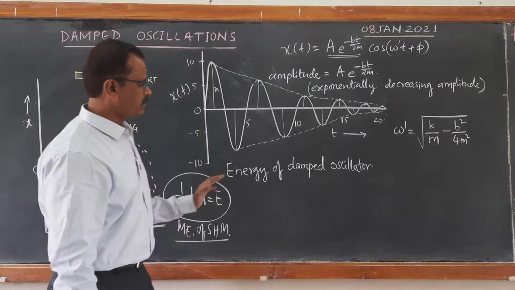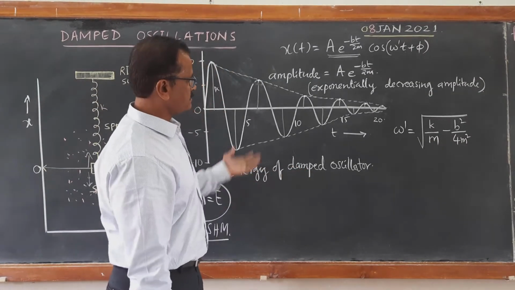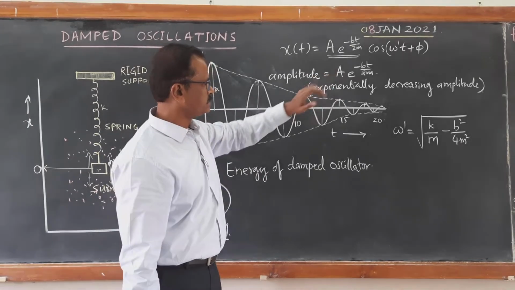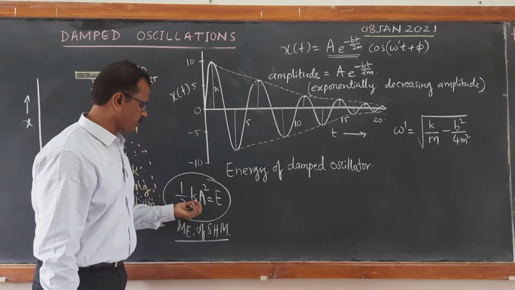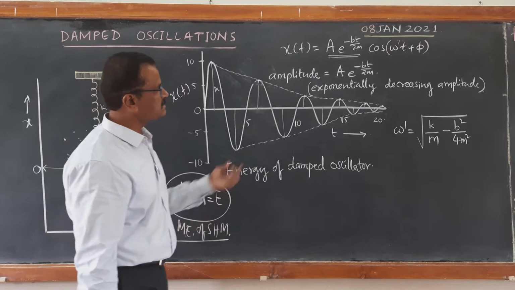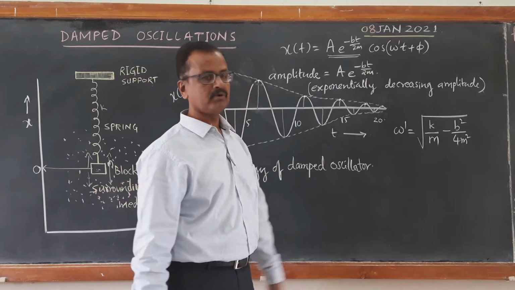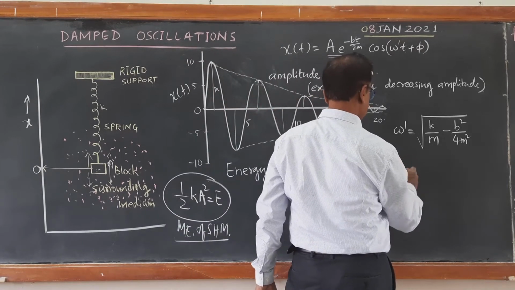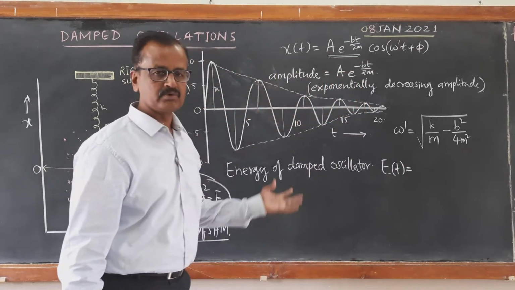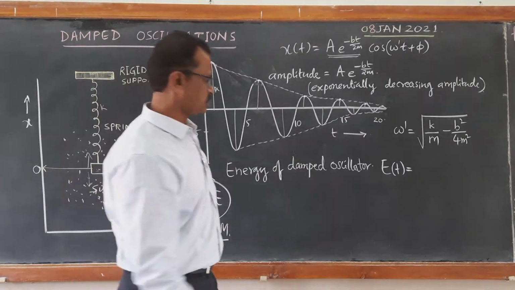But here for the damped oscillator, as you see, the amplitude is going on decreasing. Same thing we can write down, half k into A square, where A is A e raised to minus bt upon 2m. Therefore, the energy of the oscillator now becomes a function of time t, which is going to be decreasing exponentially.